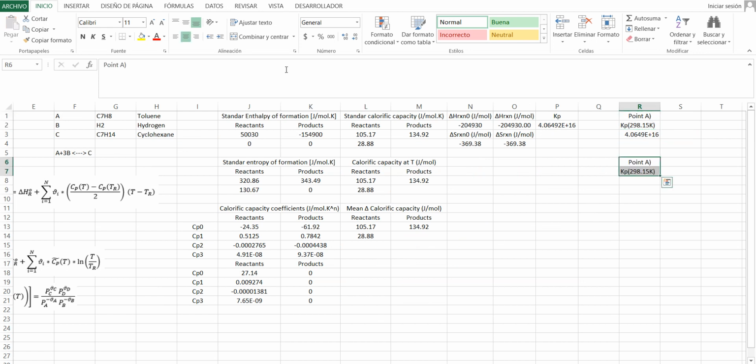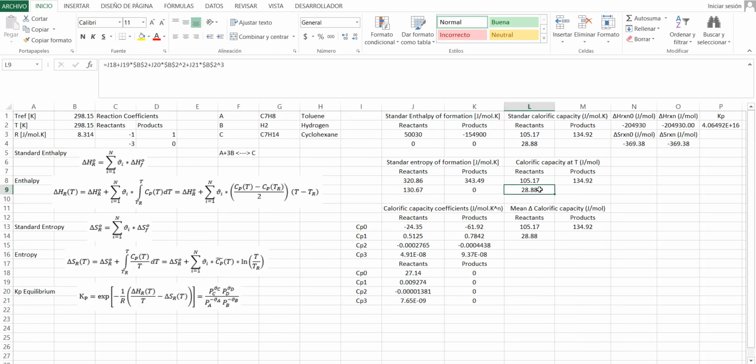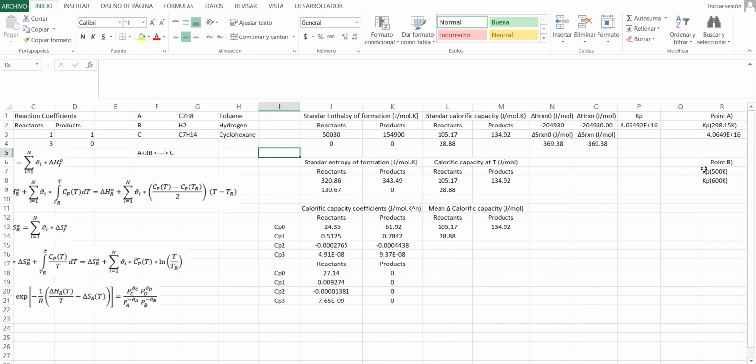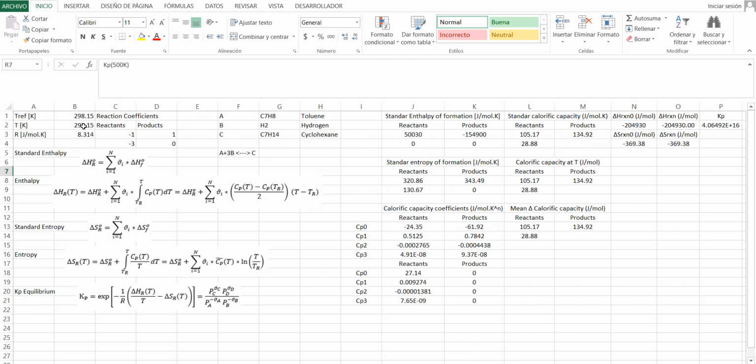As you remember before, I suggested to calculate the calorific capacity also at the temperature T, just because of this. So we can do this point much faster. The only thing that we need to change in this sheet to obtain this Kp at 500 Kelvin is to change this temperature to 500, and there you have it. All the cells are changed.